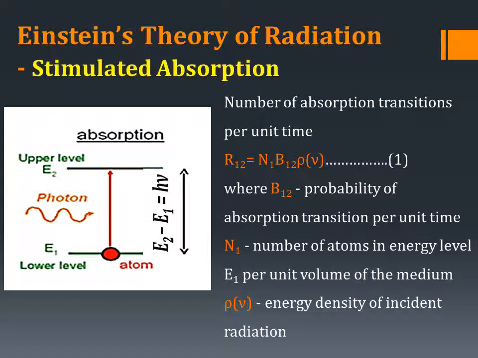In order to remove the proportionality sign, we introduce a proportionality constant denoted by B12, where B12 stands for the probability of absorption transitions per unit time. Therefore, the rate of absorption is given by R12 is equal to N1 B12 rho of nu.